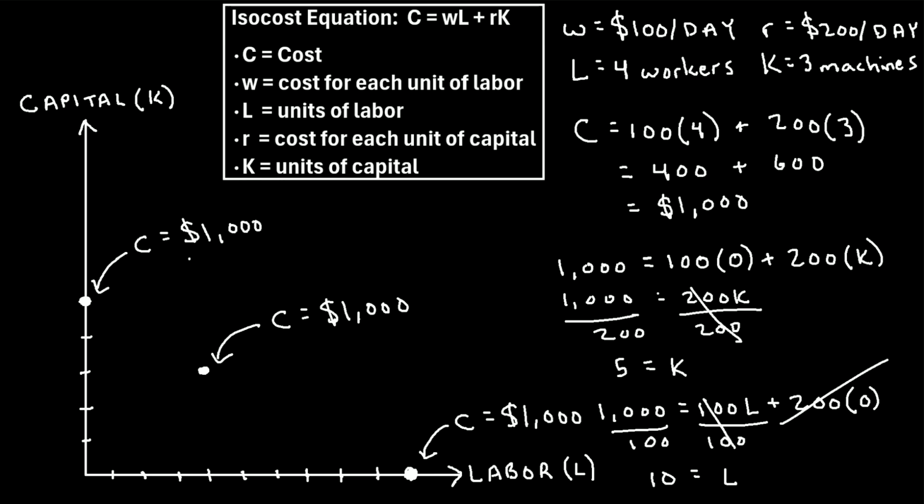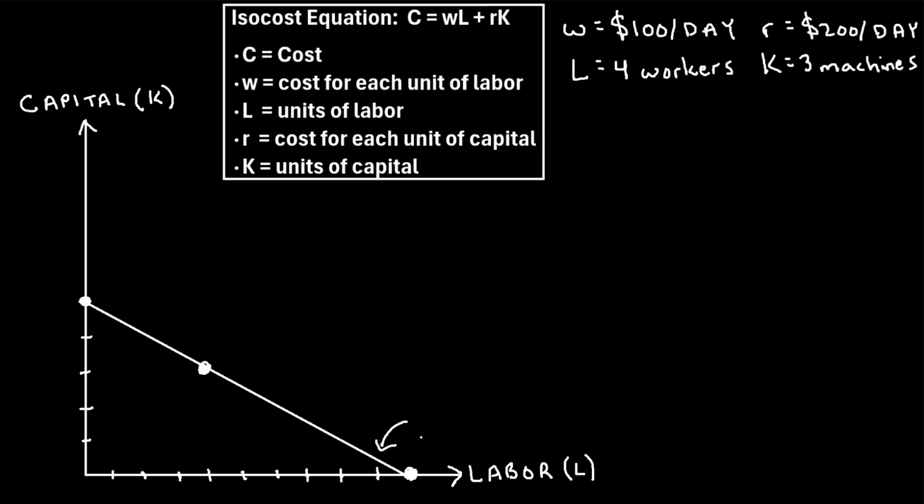So we found 3 different combinations of capital and labor where the cost is $1,000. Now we can draw a line that connects these 3 points, and this line represents our isocost line. Every combination of capital and labor on this line is exactly equal to a cost of $1,000.